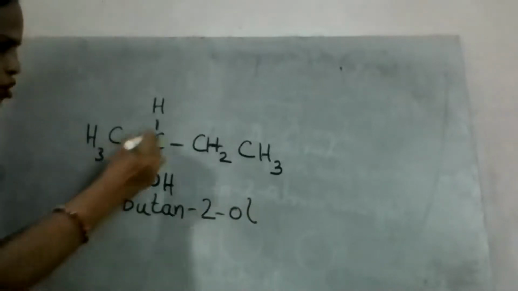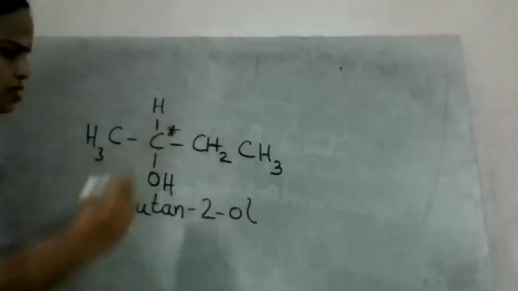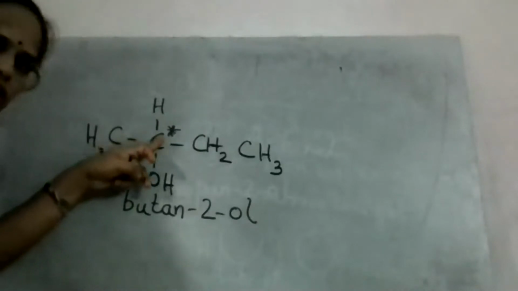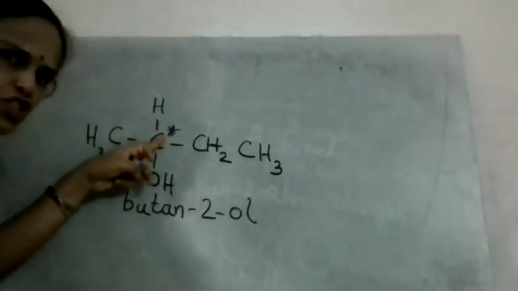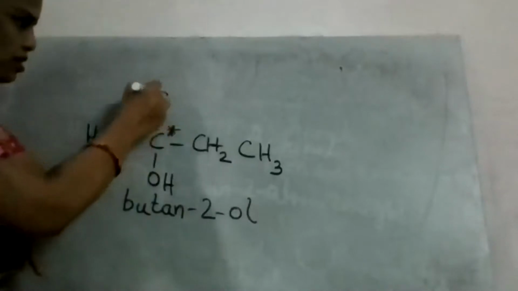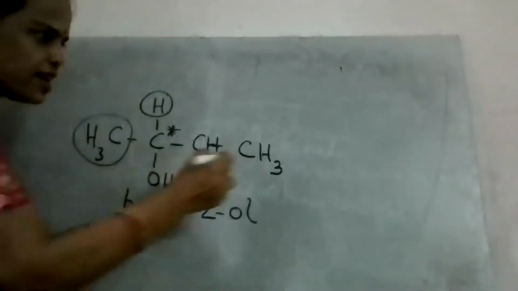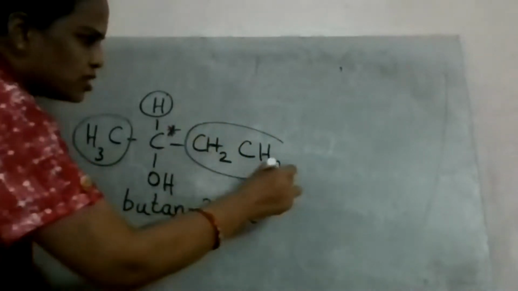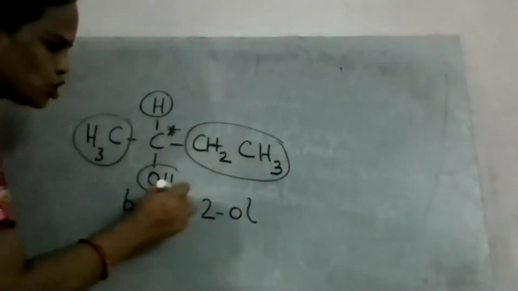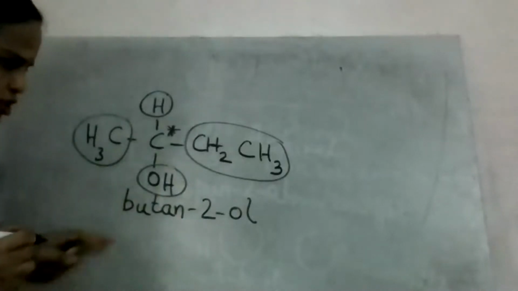Now check whether this stereocenter is asymmetric in nature or not. H is one group that is attached. CH3 is the second group attached. CH2CH3 is the third group attached, and OH is the fourth group attached.